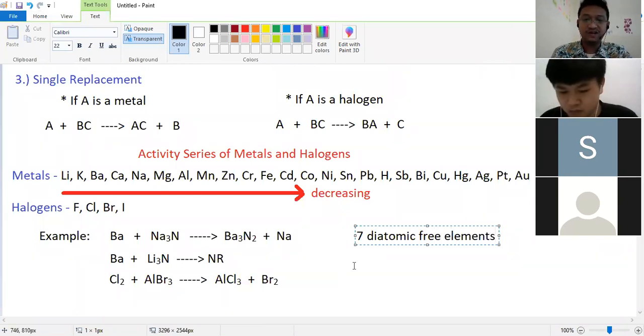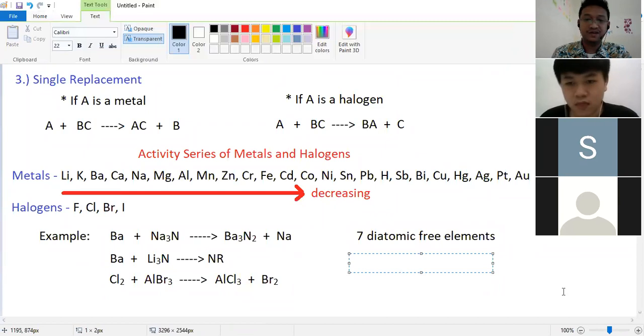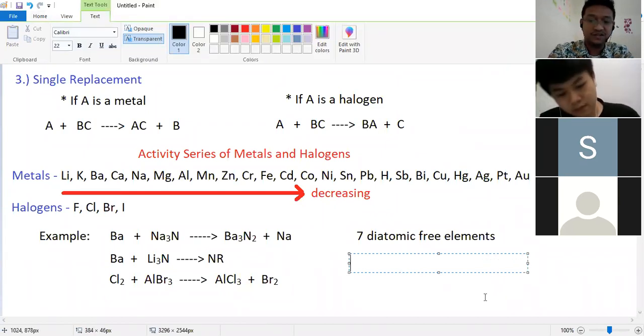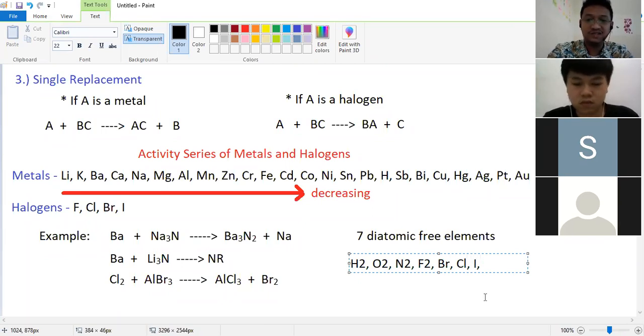So they are hydrogen, oxygen, nitrogen, fluorine, bromine, chlorine, and iodine. Oh, wait, I missed 2. Okay, so these are the 7 diatomic free elements.